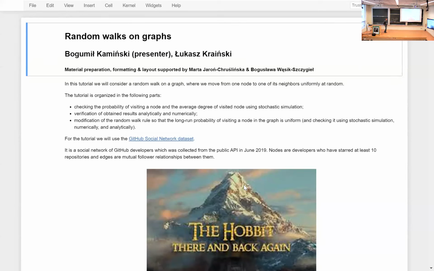And my objective is the following. I want to investigate if you run a random walk on a graph, which nodes you are going to visit, with what probability, or what is the average degree of the node you are going to visit.